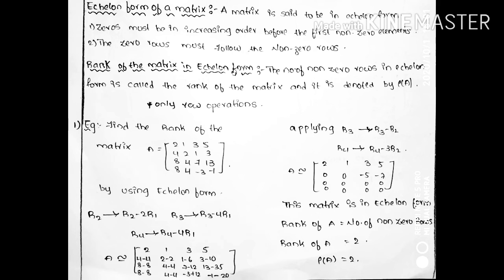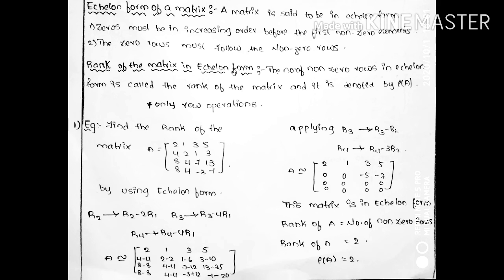So now you have to apply the row operations for R2, R3, R4 by using R1. The first one, R2 tends to R2 minus 2R1, R3 tends to R3 minus 4R1, R4 tends to R4 minus 4R1. When you apply these row operations, there you get a matrix.